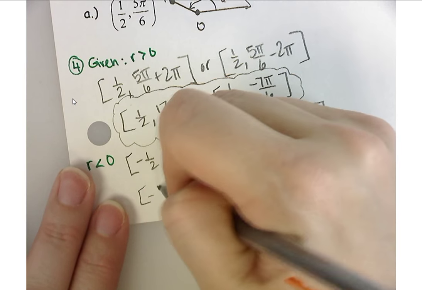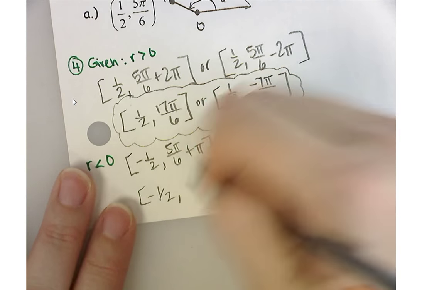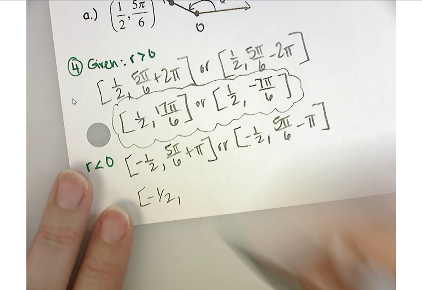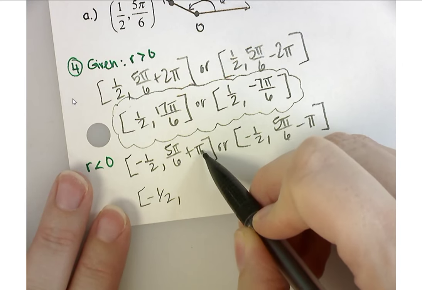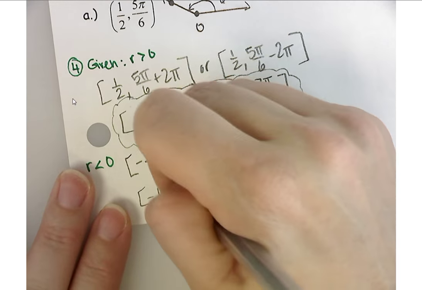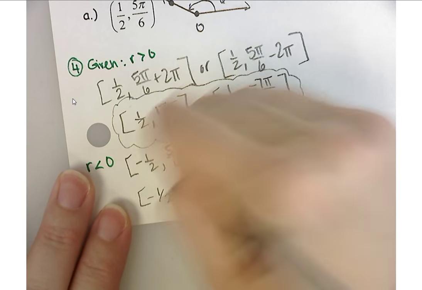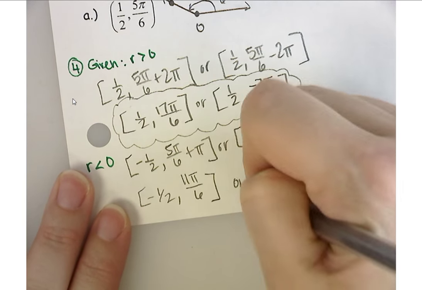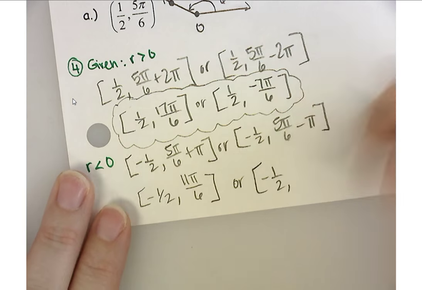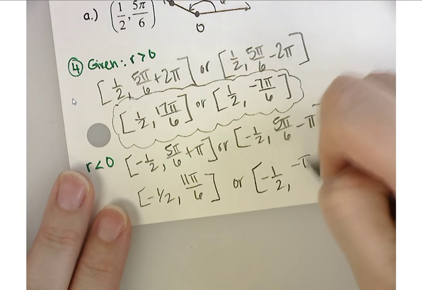If I'm adding or subtracting pi, I'm really adding what? 6 pi over 6, right? So I'd have negative 1/2, 11 pi over 6, or negative 1/2, negative pi over 6.